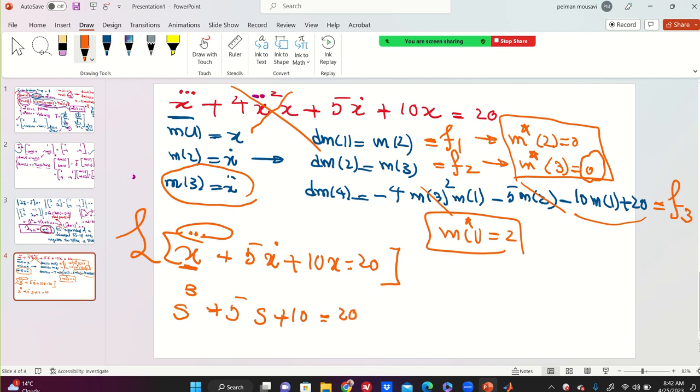From here, I linearized, that's right, I eliminated the linearization. Obviously you have x here. You get x equals 20 divided by s cubed plus 5s plus 10.